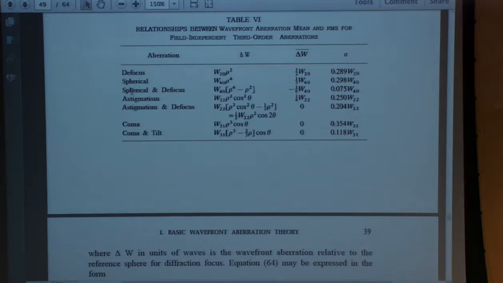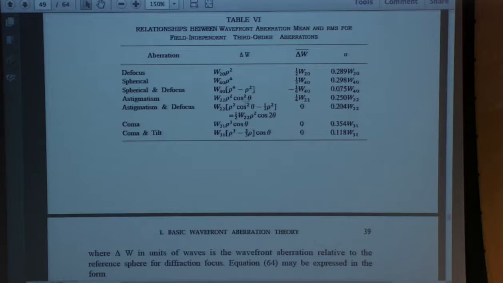The interesting thing is that if I now take my spherical and add some defocus to it, for every wave of spherical, if I add or subtract one wave of defocus, then my RMS goes from 0.298 W40 down to 0.075 W40.